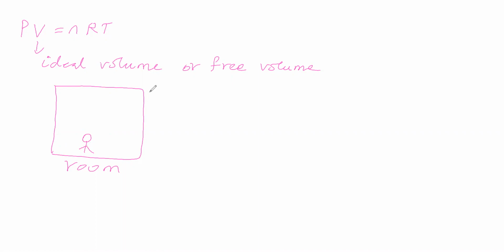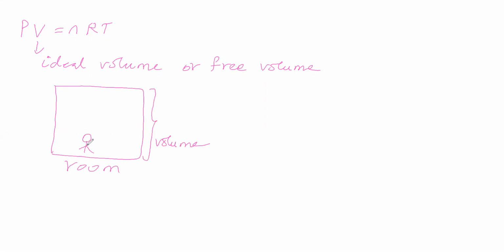Shall we say this entire volume? Nothing is there in this room, only this person. This person can move freely in this room, in the sense the volume of this vessel.